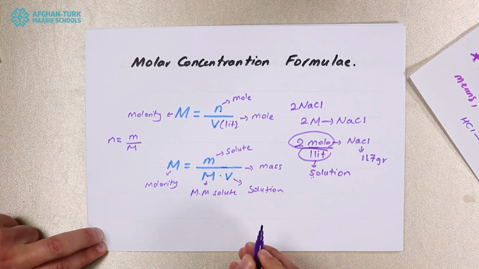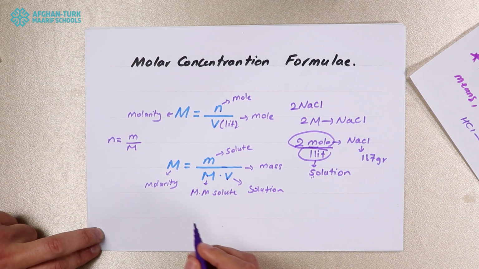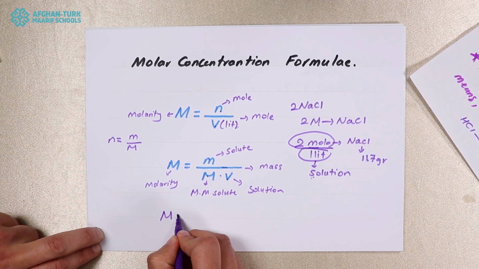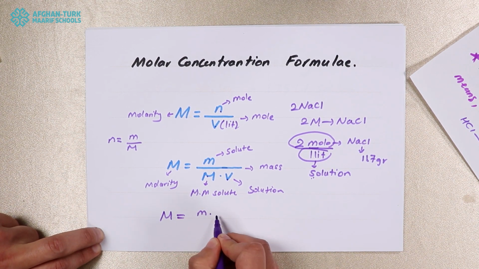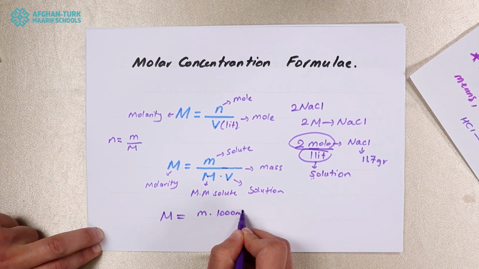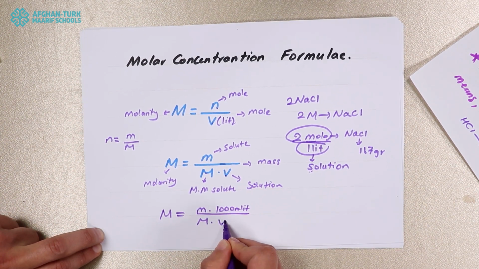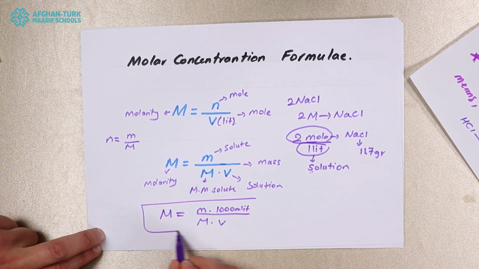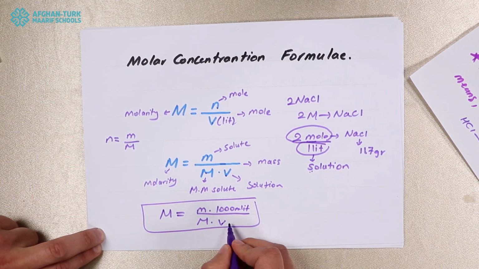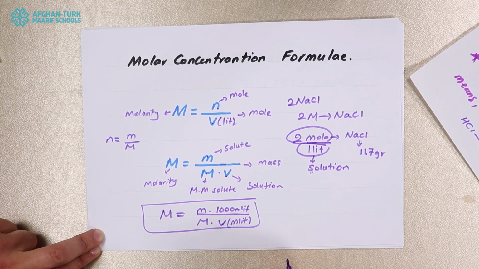We also have another formula. We can write M is equal to mass times 1000 milliliter over molar mass times V. We can also use this formula. In this formula, the unit of volume should be milliliter.